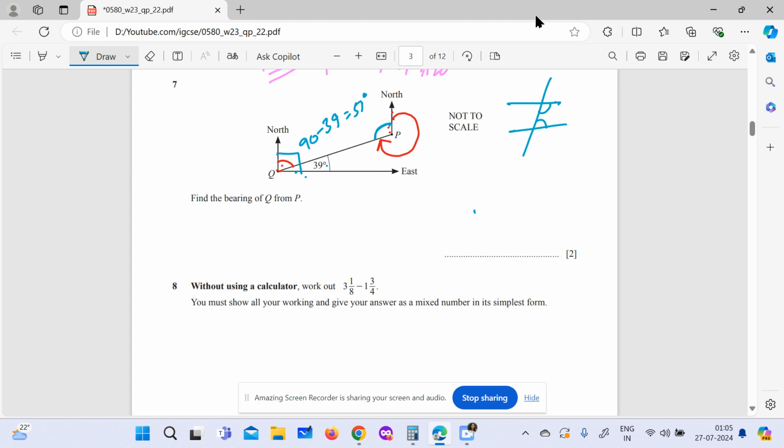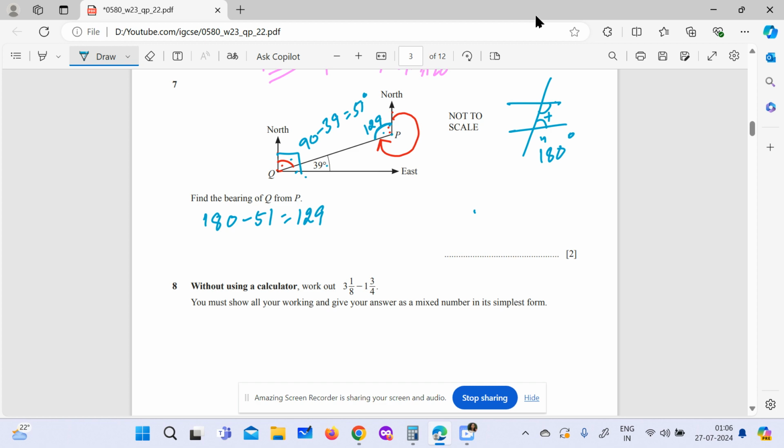As we can see here, between the two lines, two angles are there, and the sum of these two angles is always 180 degrees. So following this rule, since this is 51 degrees, we can figure out this one. So 180 minus 51 will give you 129. So we got this angle as 129.